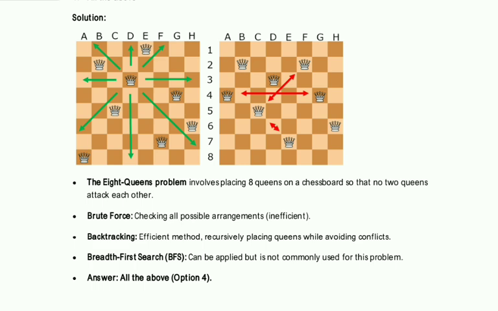A queen can go in a straight way or in a diagonal way. So it can satisfy the brute force, that means it checks all possible arrangements by using the brute force method, and it uses the backtracking method also by placing the queens, avoiding conflicts, and it can apply the DFS technique also. So the correct answer is all of the above.